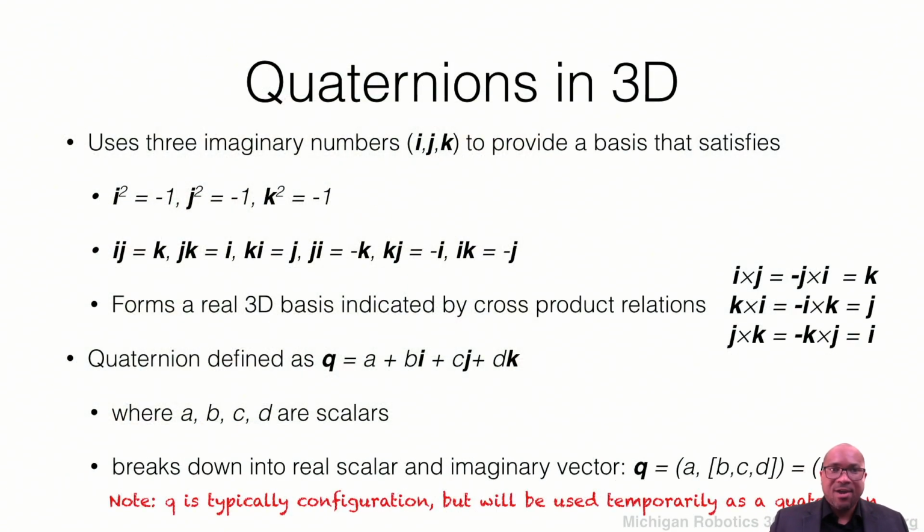Now we're going to use 3 imaginary numbers that provide a basis. So this 4-dimensional space is going to have 1 real dimension and 3 imaginary dimensions. We should note that these imaginary numbers are not standard imaginary numbers; they don't sit on the real number space.